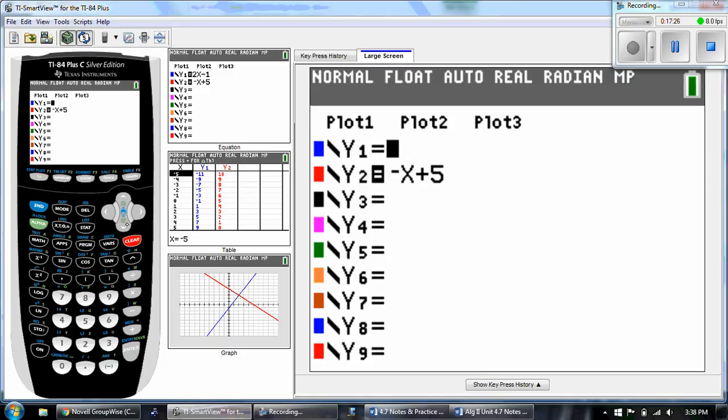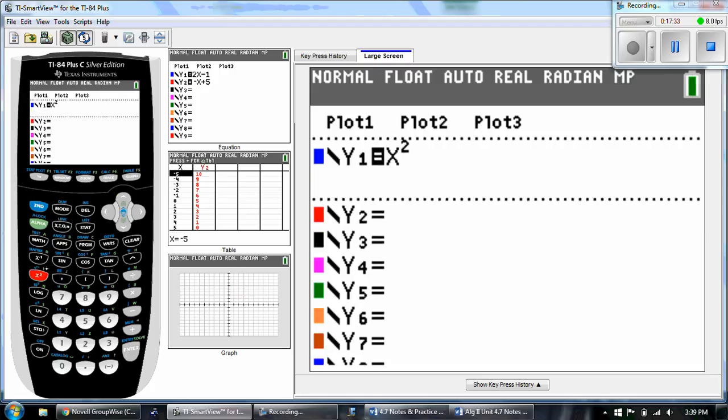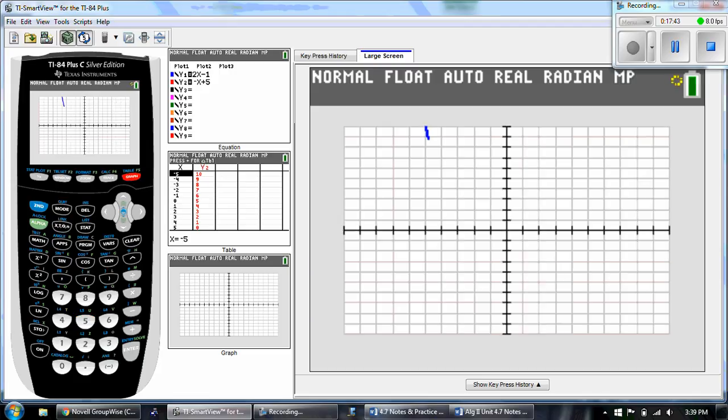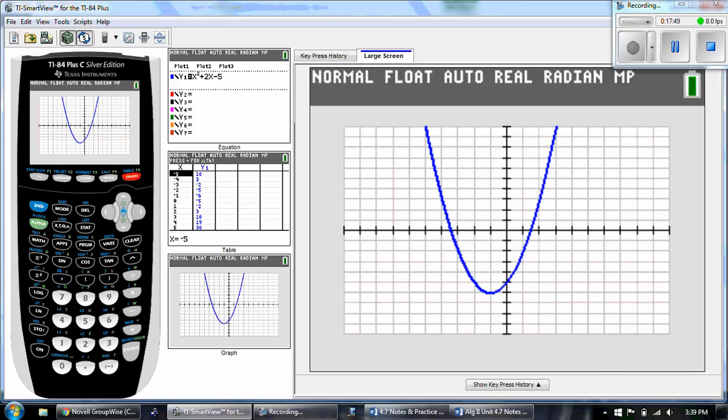Okay, now there is another way that we can graph this, and I want to show you. So I'm going into my y equals, okay, and our equation is x squared plus 2x minus 5. Okay, and if you hit graph, it's going to graph the parabola for you. So this is a way for you to double check everything.